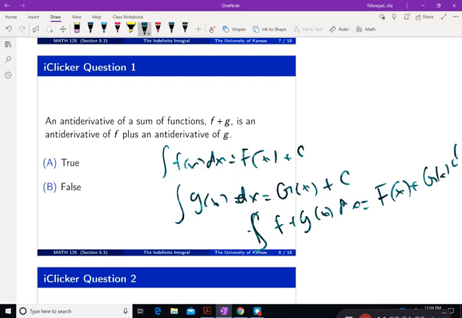If I take the derivative of this side, I end up with lowercase f plus lowercase g, and that is true.